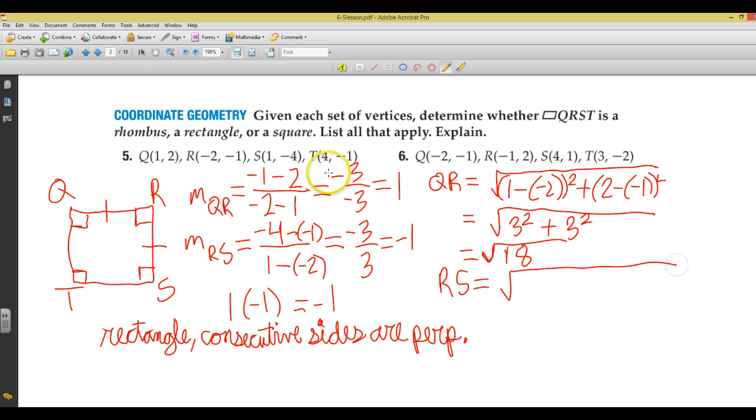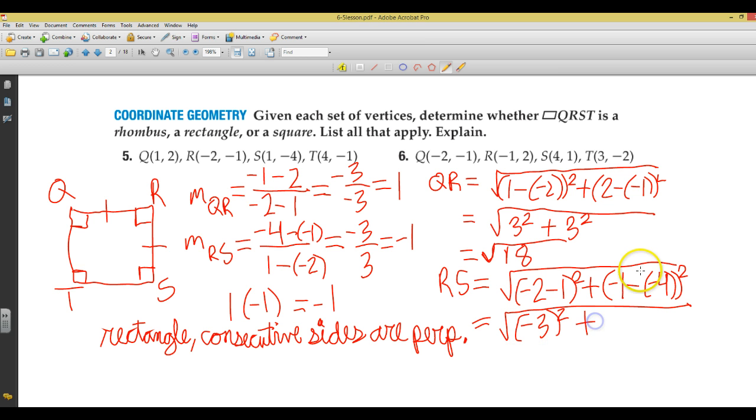So my x coordinates are -2 and 1, and my y coordinates are -1 and -4. And so let's simplify this. So we get -3 squared plus, this would be +4, so that is 3 squared. And once again, it just works out to the same thing. We get the square root of 18. So what have we just shown there?